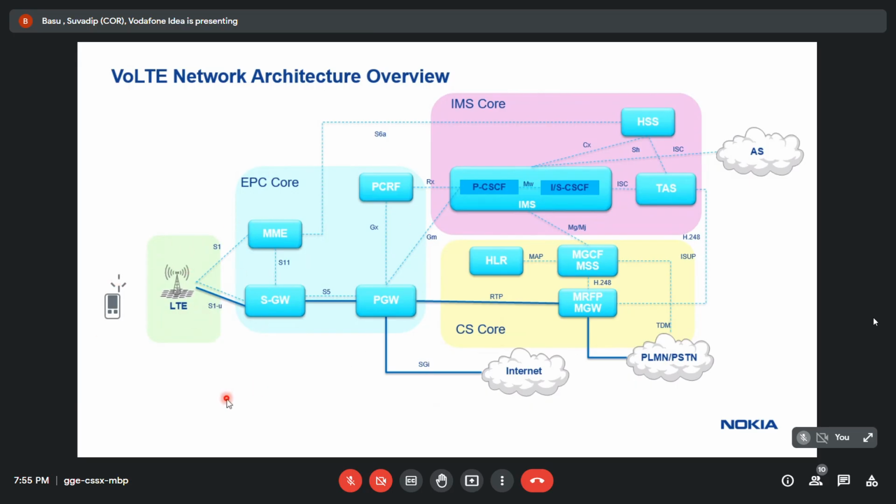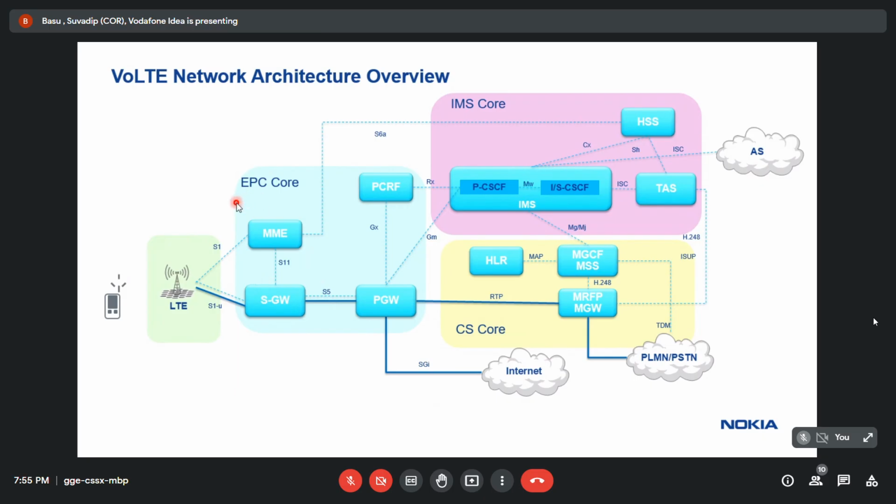Now of course VoLTE uses something called the MME, the mobility management element, which is a node lying inside your packet core. And the packet core network which is there in the 2G, 3G, that is enhanced. Okay. And this new packet core which supports 4G is called an EPC, or an evolved packet core.